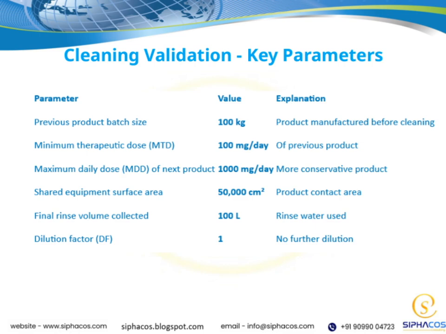Regular validation helps us maintain control over cleaning processes over time. Finally, we need to monitor cleaning parameters like temperature, pH, and contact time during the process itself, because these factors directly influence cleaning effectiveness. All these parameters are interconnected and play a vital role in creating a robust cleaning validation program.